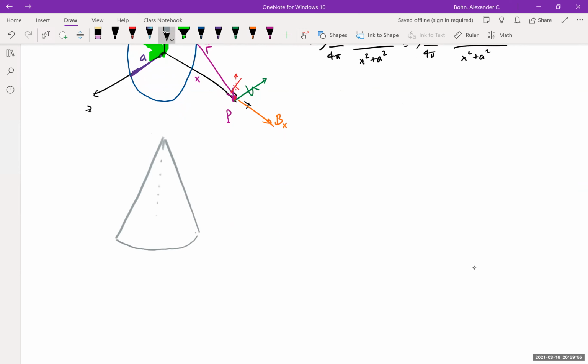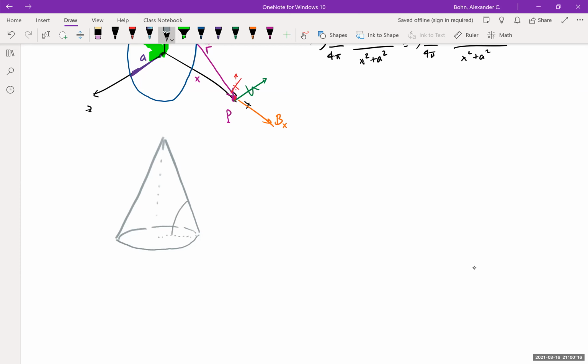We're talking about a cone, and we are interested not in the angle between the horizontal base and the slant.